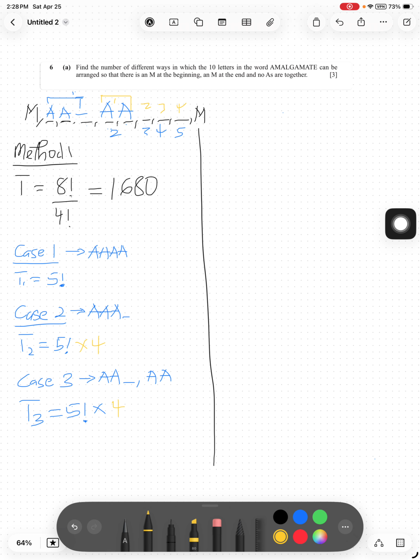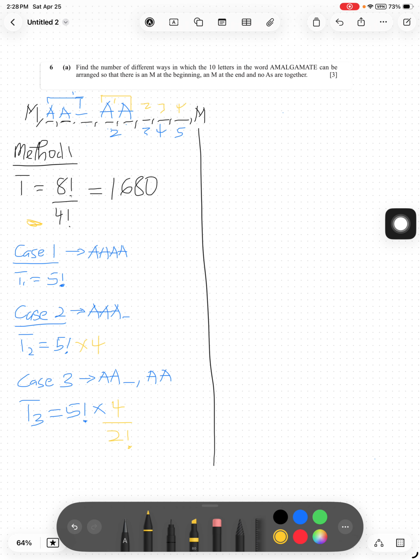But one thing that is vital to mention here is that the A's, okay, there are two sets of A's, right, basically are repeating themselves. So we have two A's and two A's in here. So it means the set of two A's are repeating themselves. So it means we have to divide, just like we did for this particular part. We have to divide this one by 2 factorial.